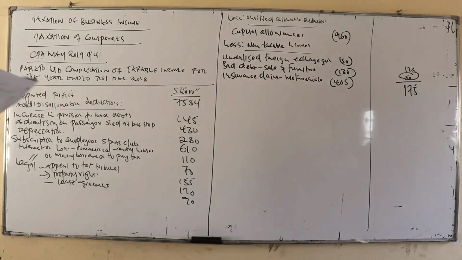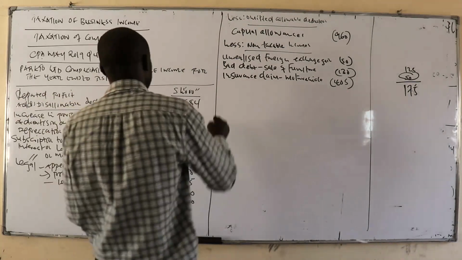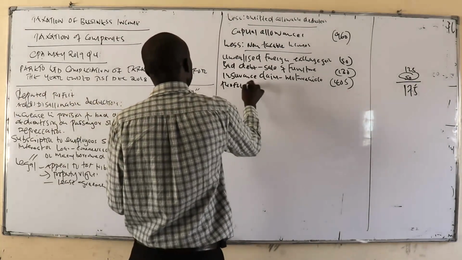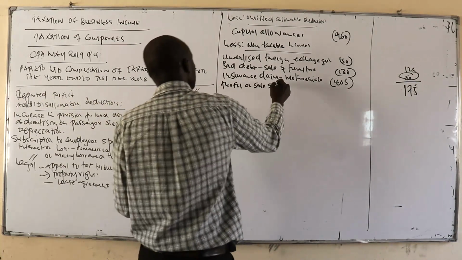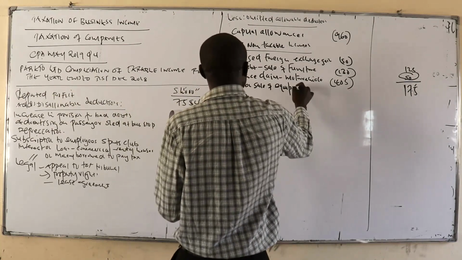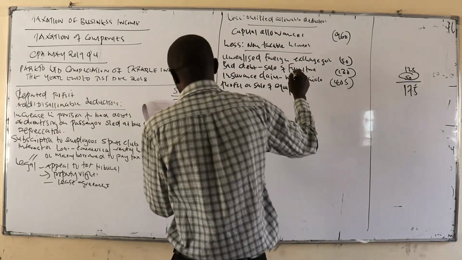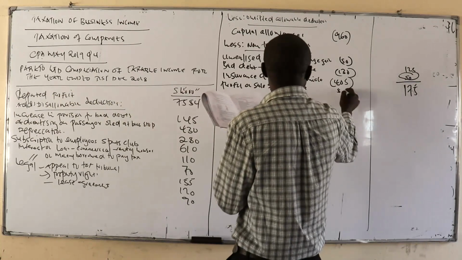And then profit on sale of equipment is non-taxable. Profit on sale of equipment, how much? 88.